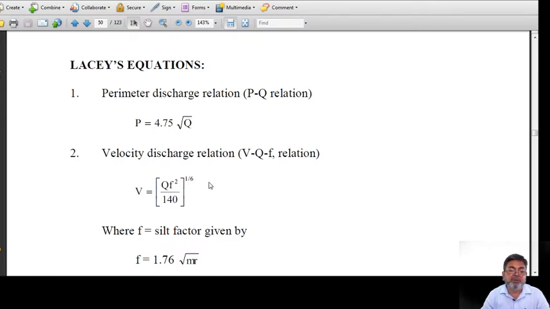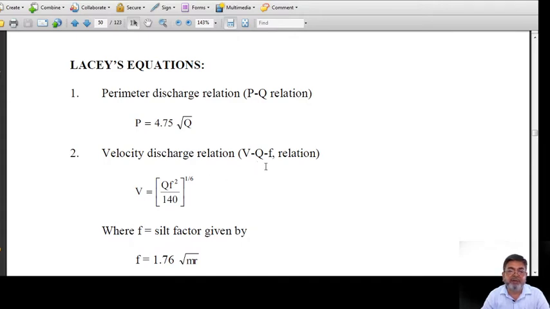If you recall Kennedy's theory, Kennedy also gave an equation for velocity of flow in canal, that he called critical velocity, the non-silting, non-scouring velocity, V naught equals 0.55 m d to the power 0.64. Here Lacey gave another equation for the flow of water in the canal.